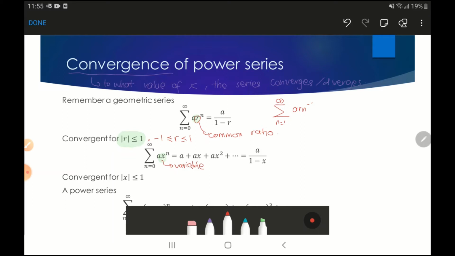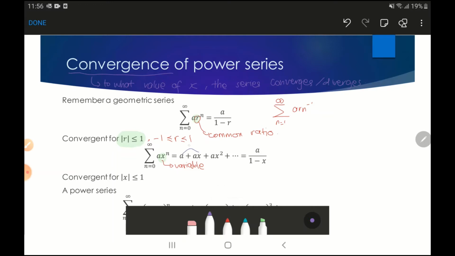If we expand this series, we still have a series very similar to a geometric series: a plus a x plus a x squared plus and so on, and the sum of that series is still the same, a divided by 1 minus x, because x is the ratio.